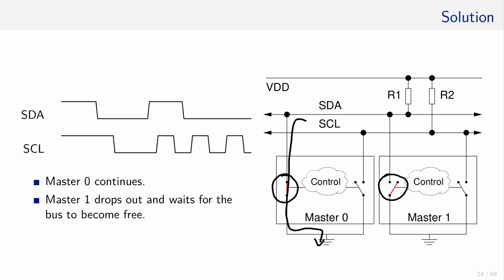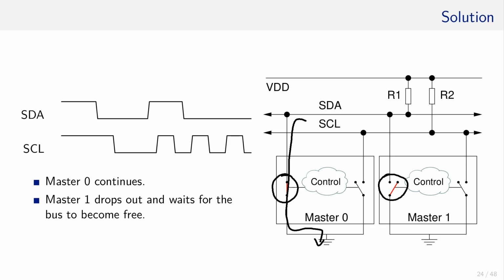While this is certainly the case for master 0, which writes a 0 and senses a 0, it is quite different for master 1. It writes a 1 to SDA but reads a 0. Therefore, master 1 recognizes that there is something else holding onto the bus and a conflict is detected.